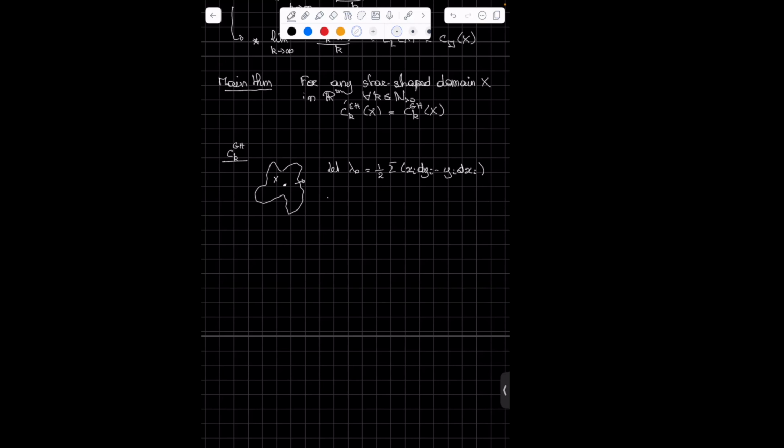Assume that the boundary of X is a smooth hypersurface that I will denote sigma, and then lambda 0 restricted to sigma, which I will call alpha, is a contact form.